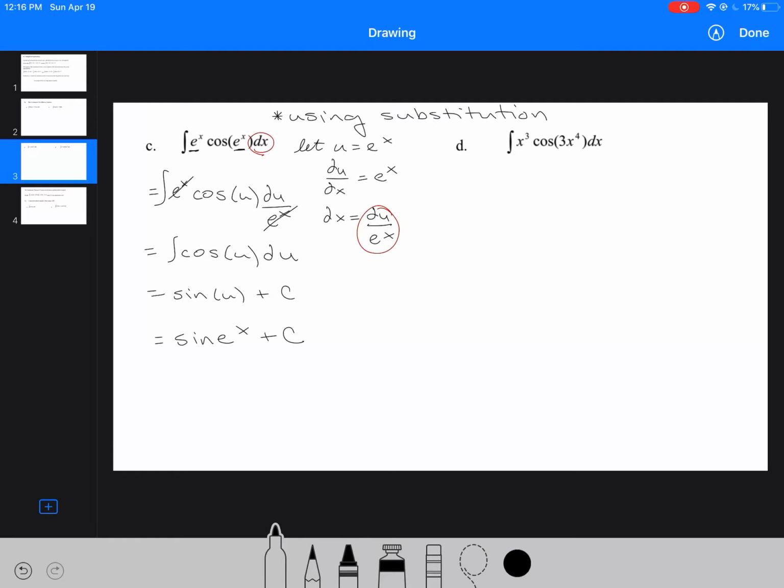Let's do one more using substitution. Now I've got a polynomial term.